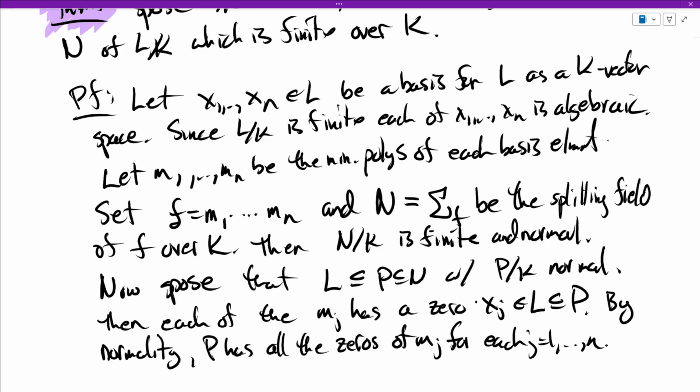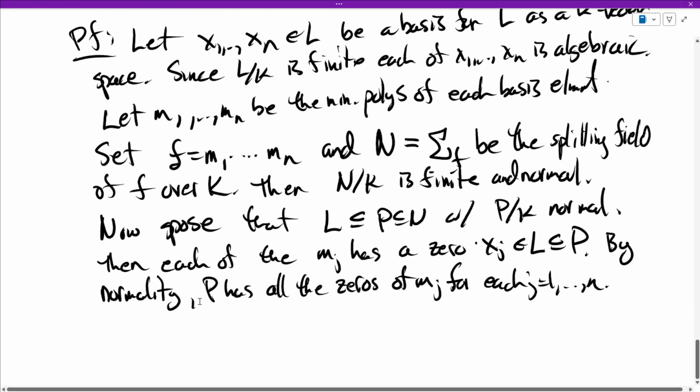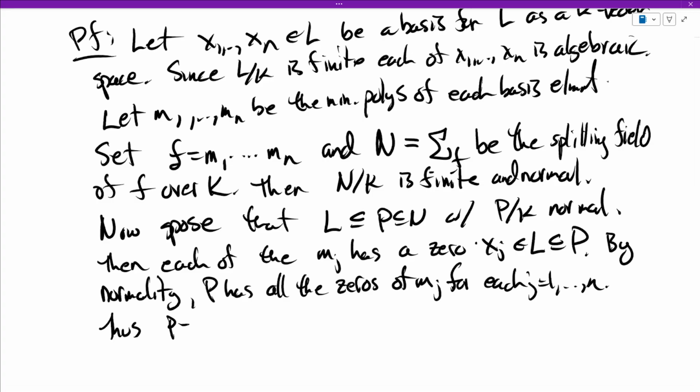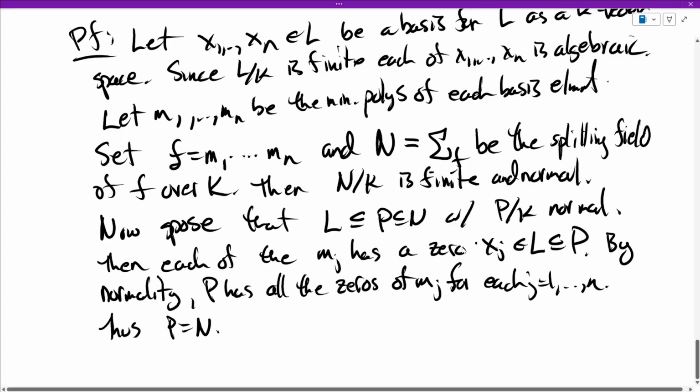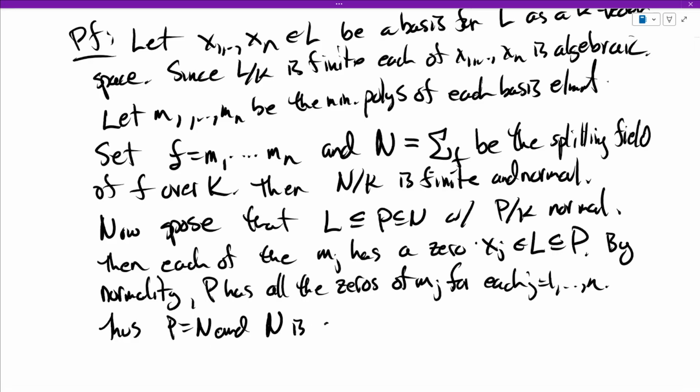So P must be obtained from K by adding in all the zeros of the m's. But that's how you construct N. That's what N is. So P must be equal to N. That's how you construct a splitting field. You add in all the zeros. So P is N, and therefore N is a normal closure.